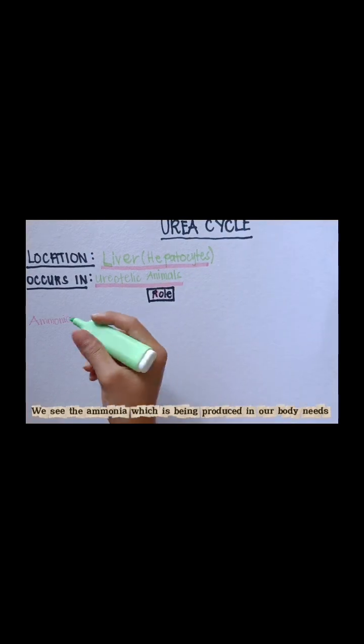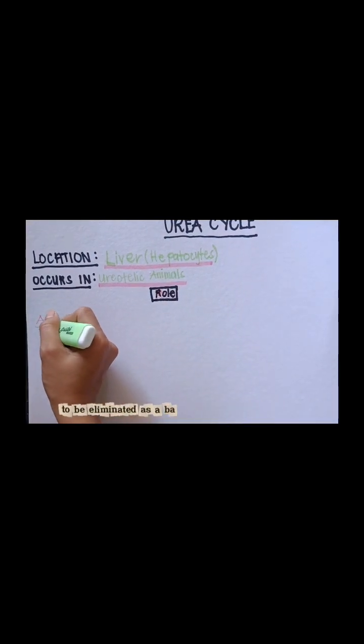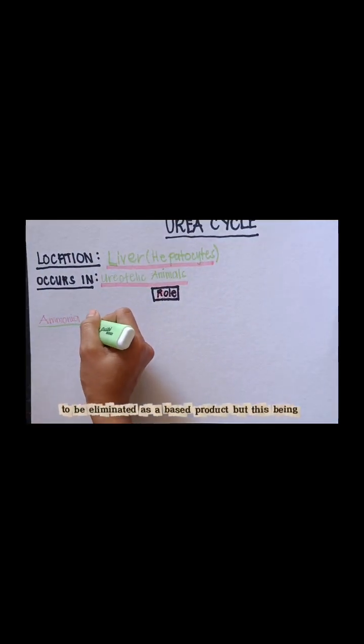We see the ammonia which is being produced in our body needs to be eliminated as a waste product, but being a toxic chemical it needs conversion. And it is the urea cycle which helps out and converts the toxic ammonia into urea, which is non-toxic and can be eliminated easily without any excess dilution, thus conserving water.